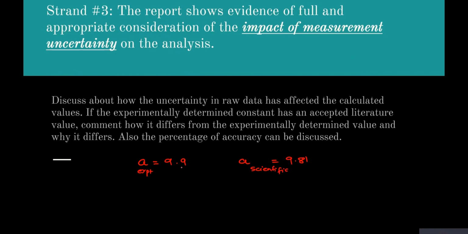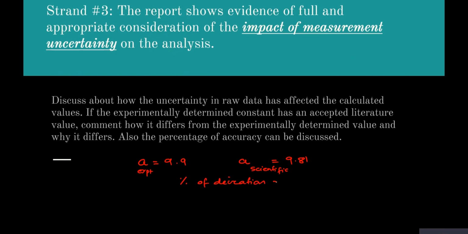So looking at these two values, I can say the calculated value of acceleration of free fall is 9.9, although the expected value is 9.81. And the percentage of deviation is given by so and so. So the question is, how do I find the percentage of deviation?